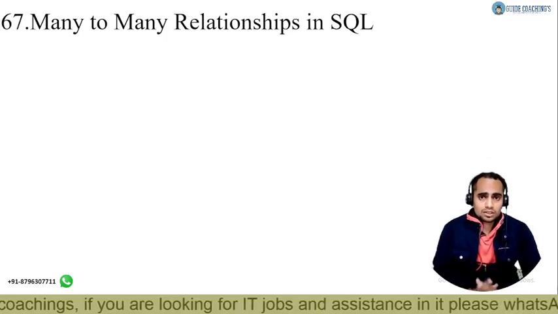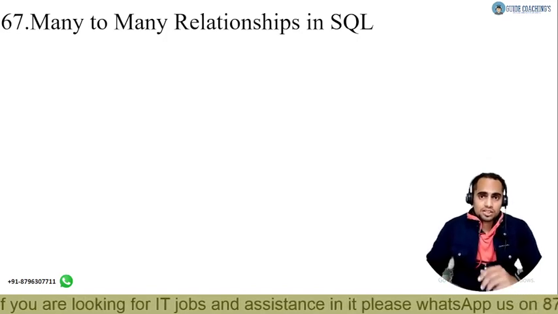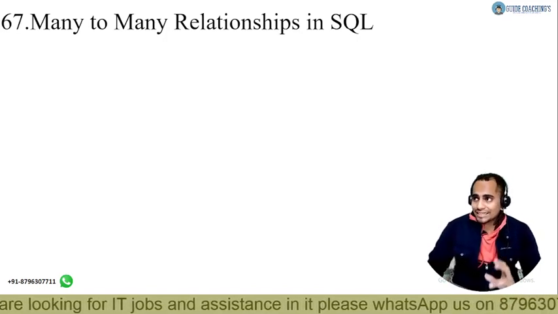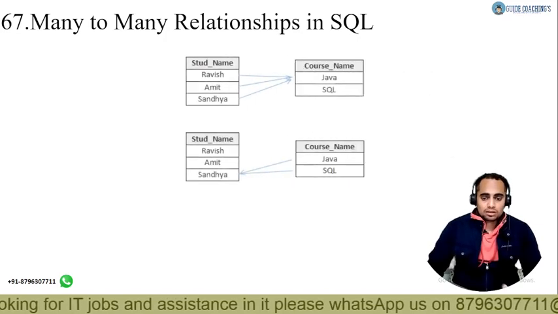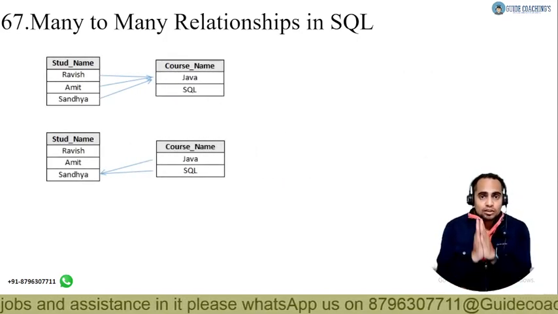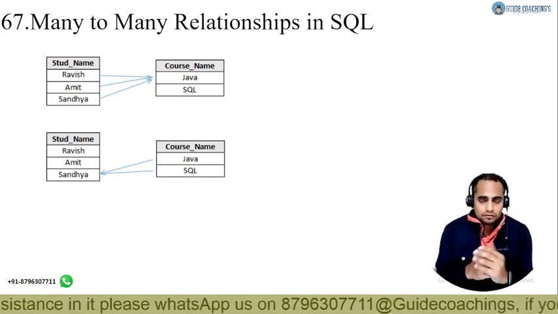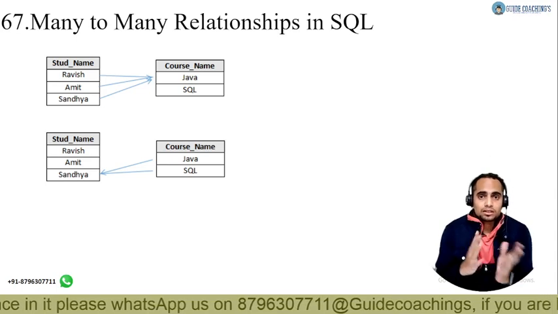So the first question is, how does a many to many relationship work in SQL? We will take it with an example. In general, we have two tables, and those two tables are connected, or sharing details with each other on the basis of certain aspects.